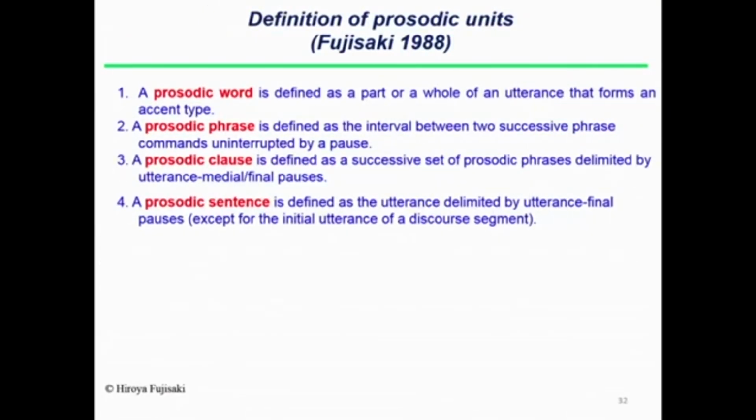Now, depending on that prosodic model, Fujisaki has defined certain prosodic terms, the prosodic unit definition. This is basically taken from Fujisaki's definition. He said the written words and the spoken words are different, because as I said already, in spontaneous speech or in a spoken language there is no specific word boundary.